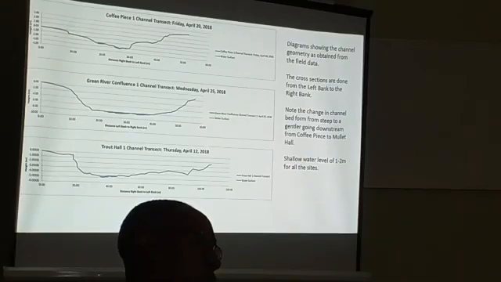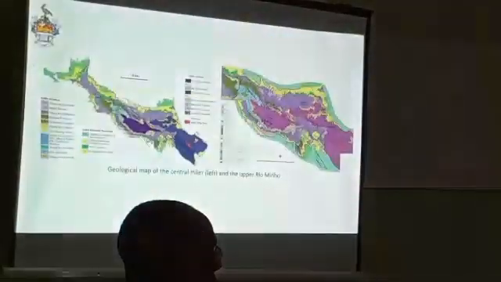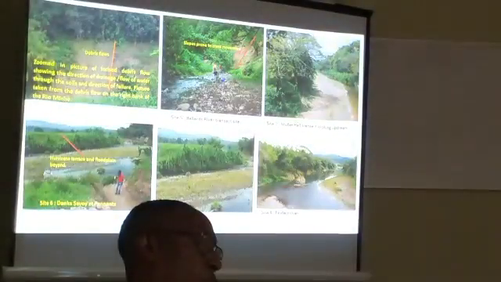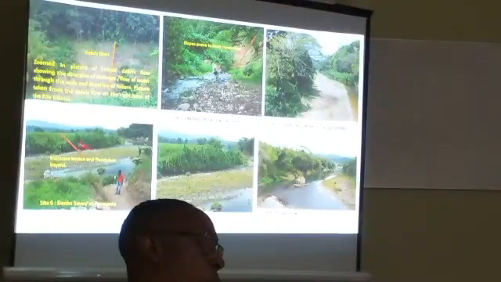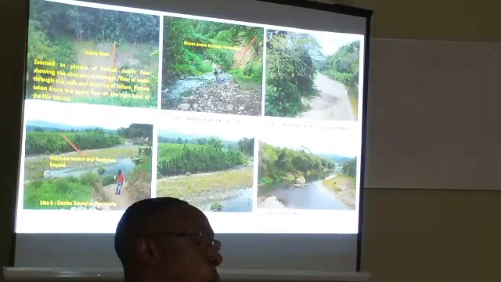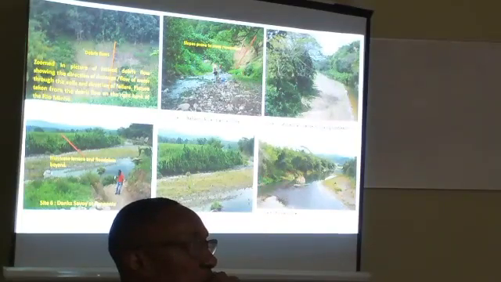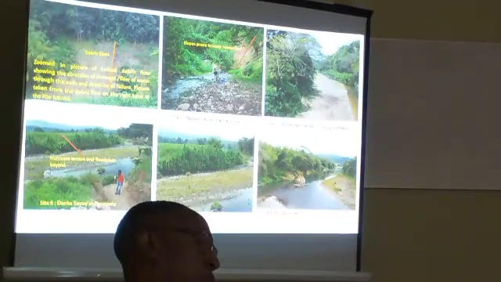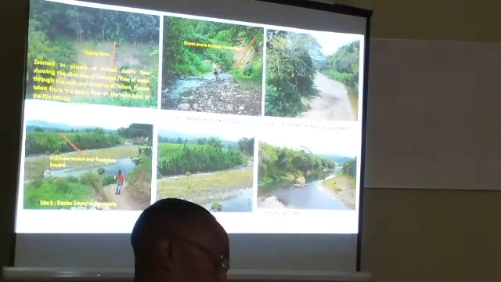Now, I should say that one of the sites, this site here at Dank Savoy, we went there a couple of months ago. We've now surveyed that a third time, because there were some rains just a couple of weeks ago, and we noticed that the channel had changed a little bit.